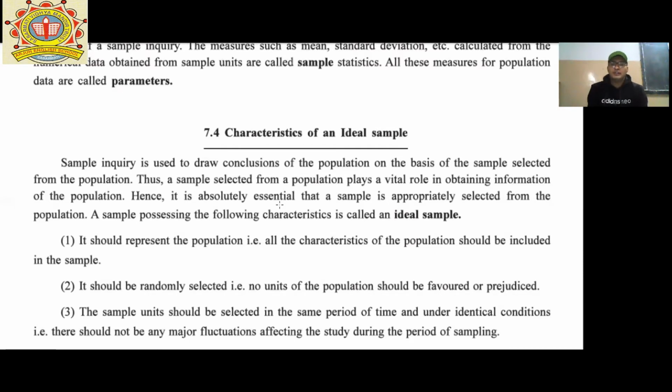Now, here randomly selected means I am not taking any kind of misleading statements, or I am simply selecting the sample without any prejudice. It means I am taking all the samples as equal, and equal importance is given to each and every person.